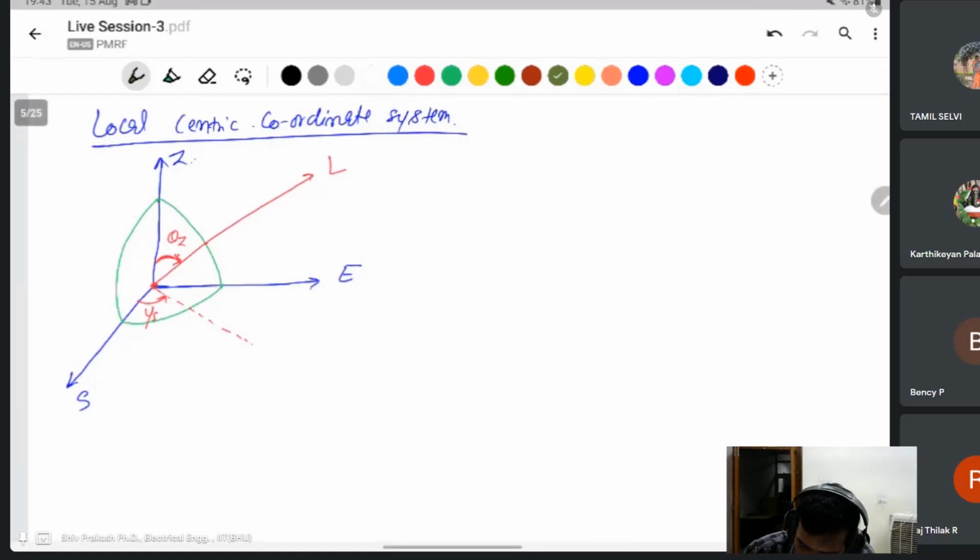Wait, I will explain this one first. This one is LE, you can say. This one is the zenith axis, LZ. This will be LS. The overall L will be defined as the south insolation, the east insolation and the zenith axis insolation.